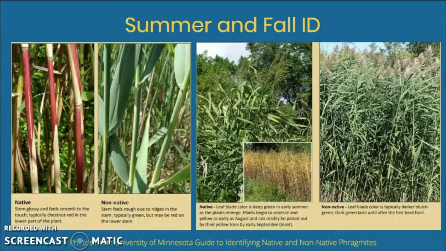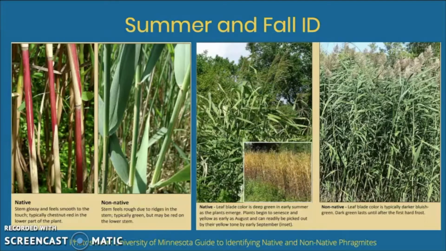And that's because the leaf sheath, so again, that part of the leaf that's attached to the stem that kind of wraps around the stem, the leaf sheaths of non-native Phragmites on the lower part of the stem don't consistently overlap each other, so part of the stem is exposed in the gap between the sheaths, and that gap is the part of the stem that turns red.